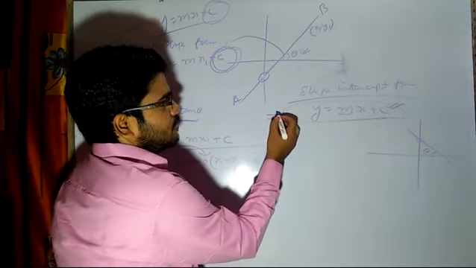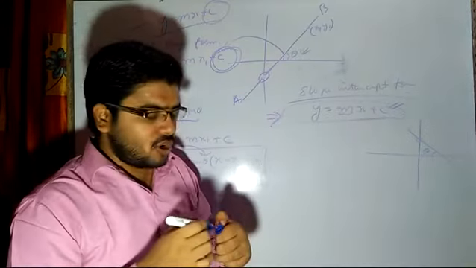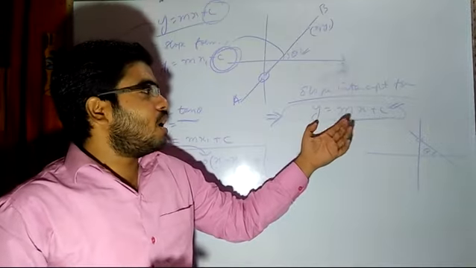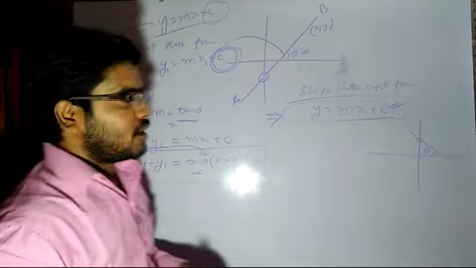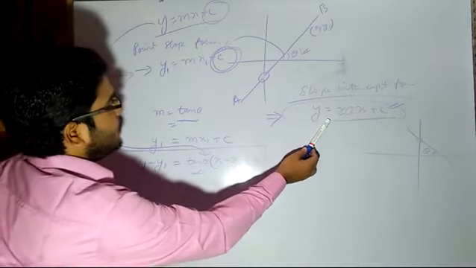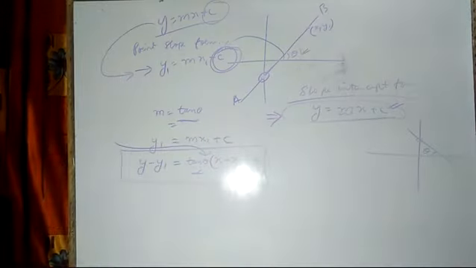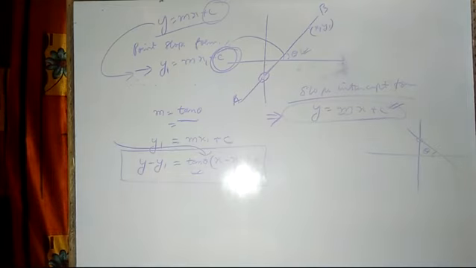The only thing that I want here is to make you understand how to solve the numerical problems. So this is slope intercept form and this is point slope form. The third form I will be discussing in the next video lecture, but now I will be discussing some numerical problems based on these two forms.